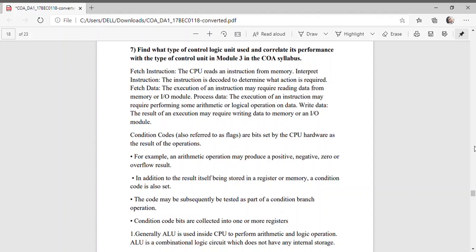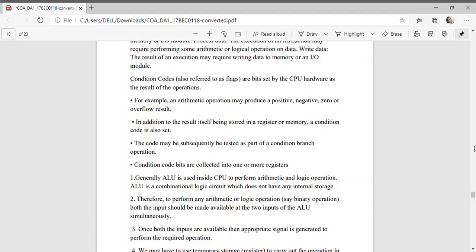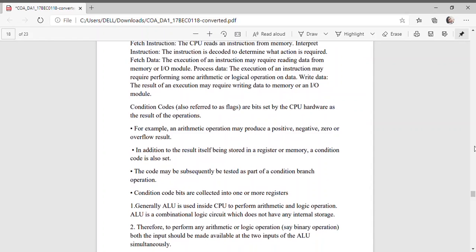Then fetch data is where, we know that execution of instructions may require data, so those data are fetched from the memory or the IO module when an input of data is given. Then there is process data, where the execution of instruction requires some arithmetic or logical operation on the data, and the output of this is then returned to the memory or the output module, that is write data. And some other conditional codes and control logic units are also explained here.